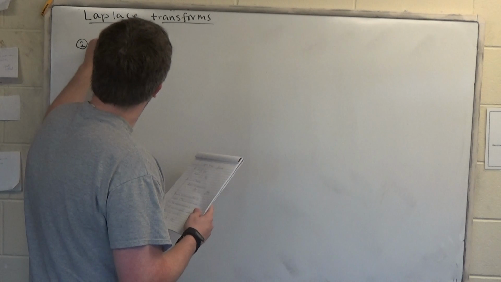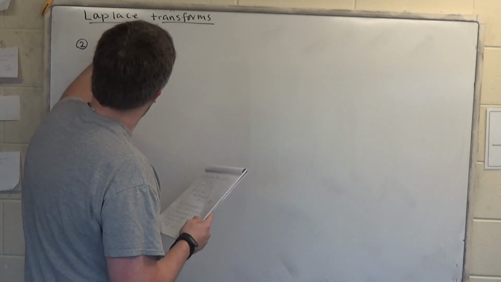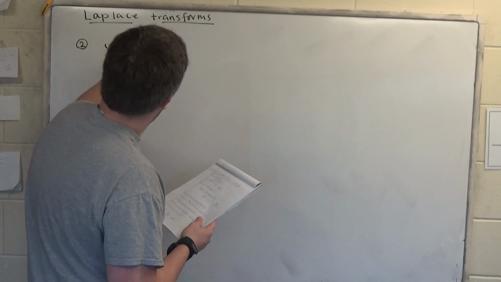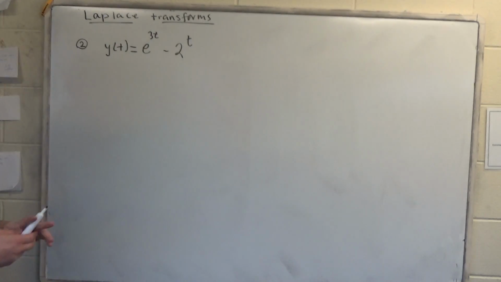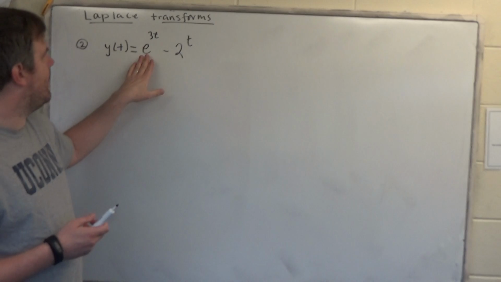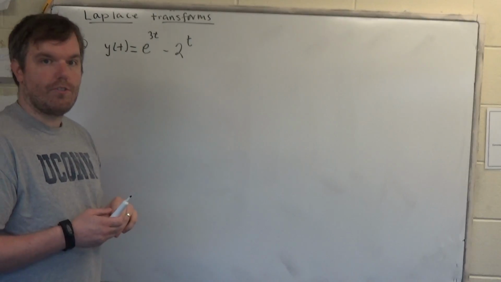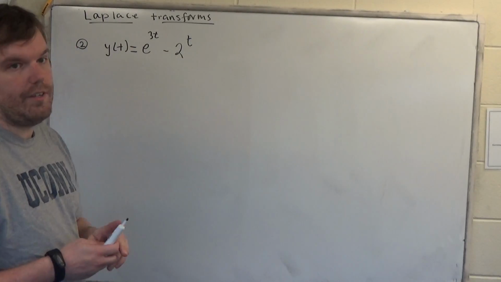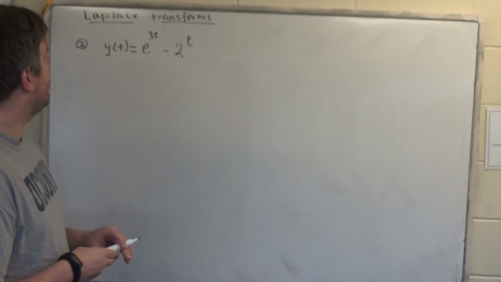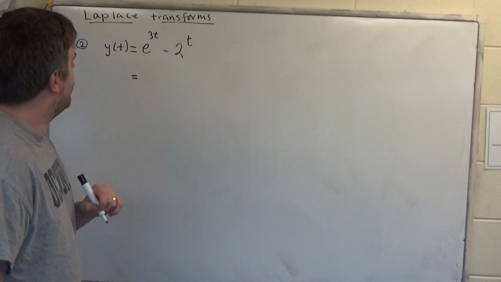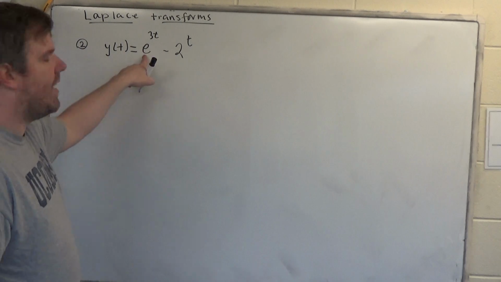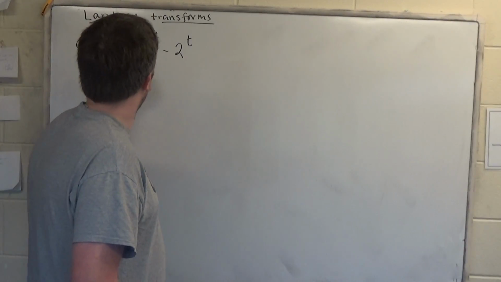We have y of t is e to the 3t minus 2 to the t. And the thing to notice is while e to the alpha t is on our chart, 2 to the t is not. So before we get started, we're going to have to use our exponential rules to transform 2 to the t into a base e exponential.